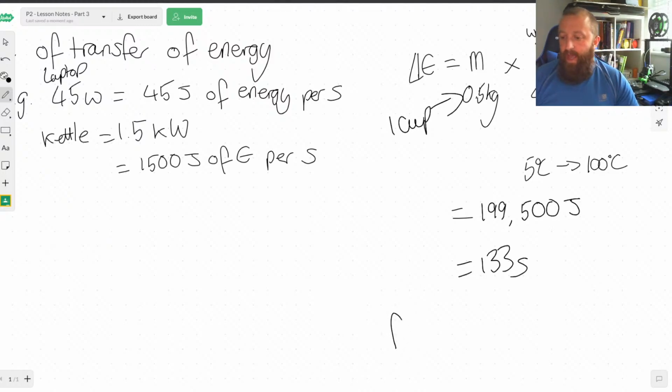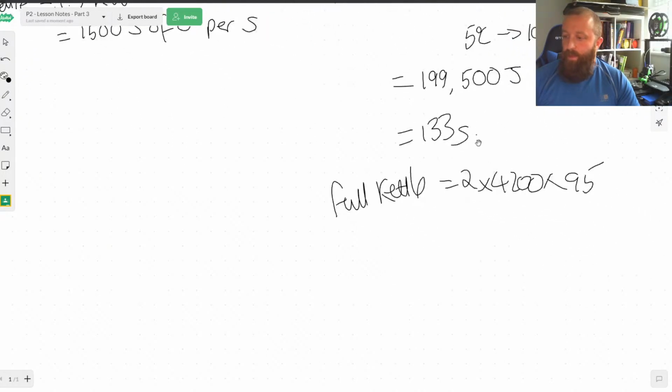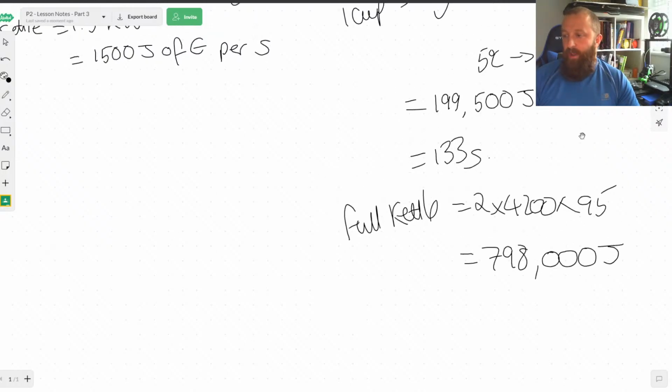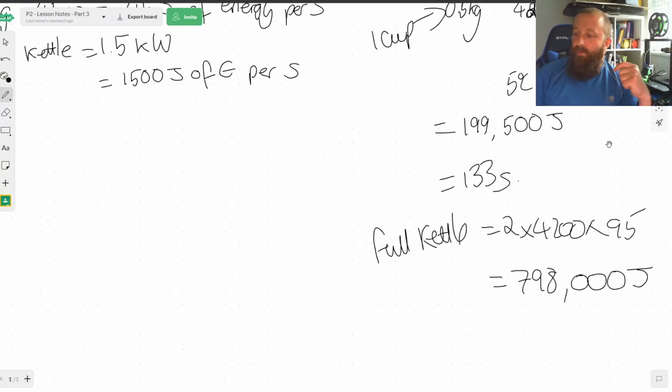If I do the full kettle, we end up with 2 times 4,200 times 95, which is going to equal 798,000 joules of energy. So we've got a massive, massive difference in the amount of energy needed from going from 1 cup to 1 kettle.